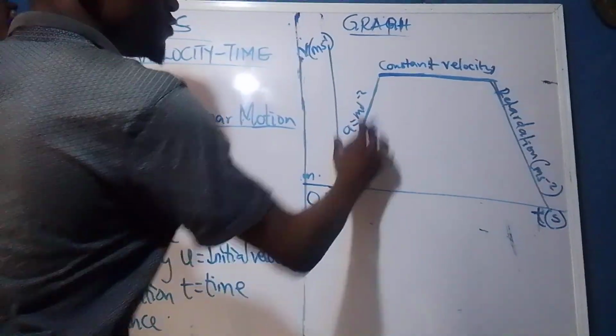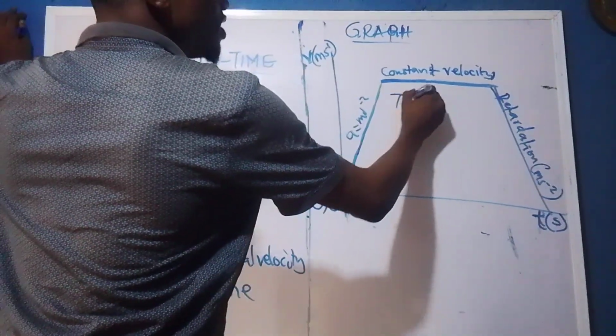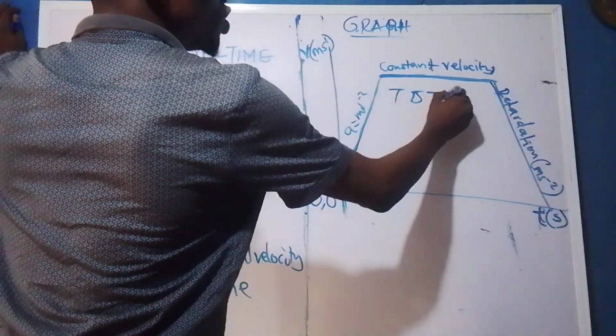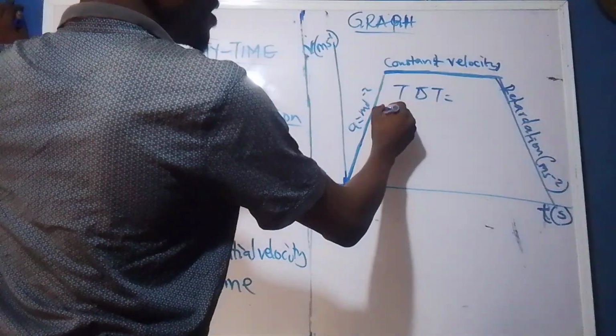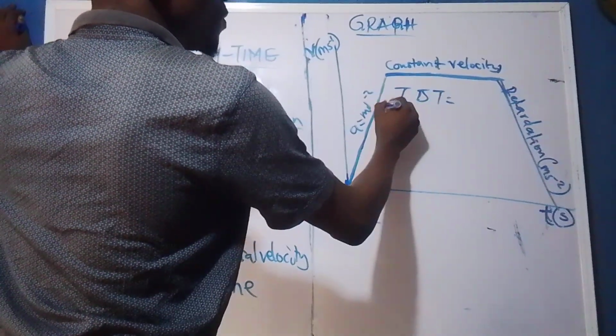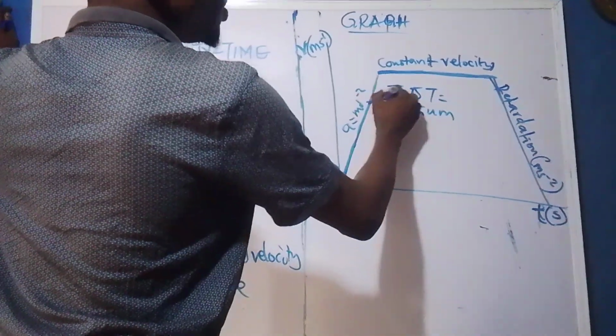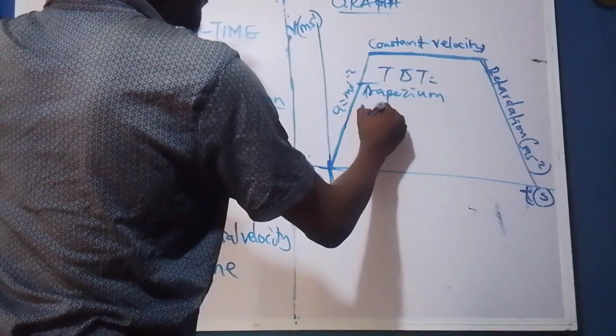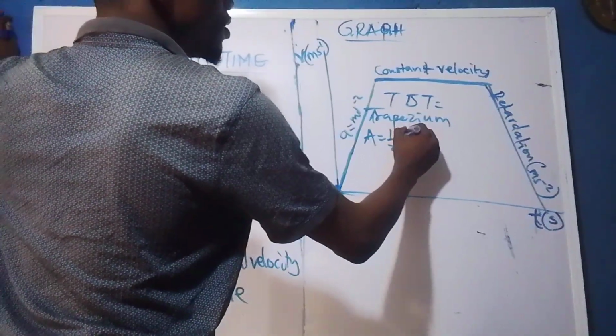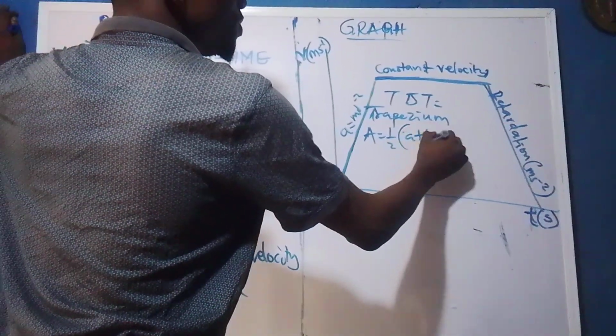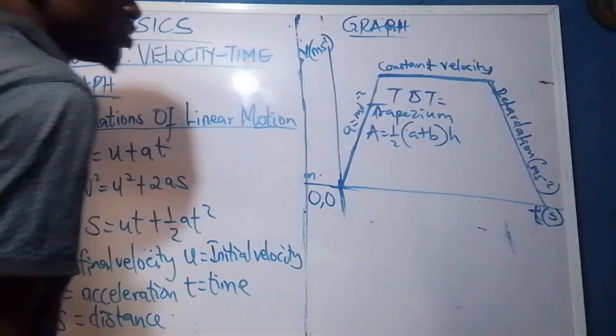Now, total distance traveled. Look at the shape here. The total distance traveled is going to be the area of this shape, and this is the trapezium. The trapezium formula is area equals half bracket a plus b close bracket h. You understand?